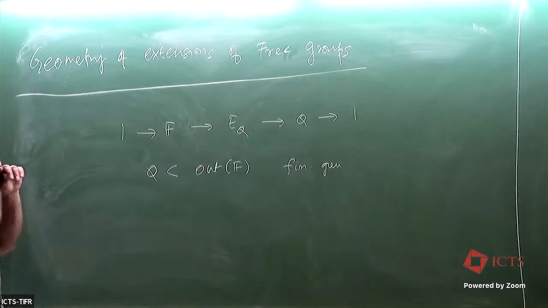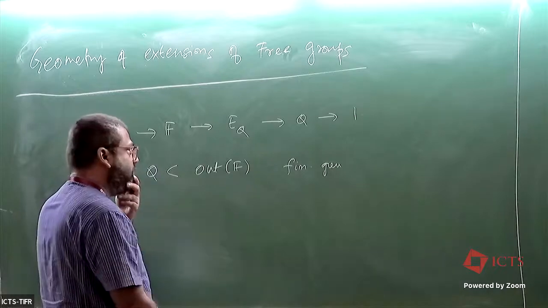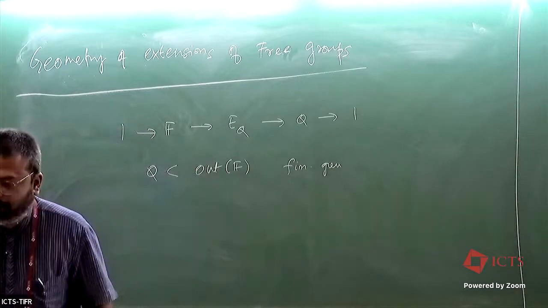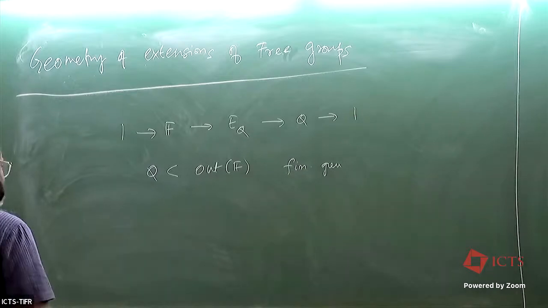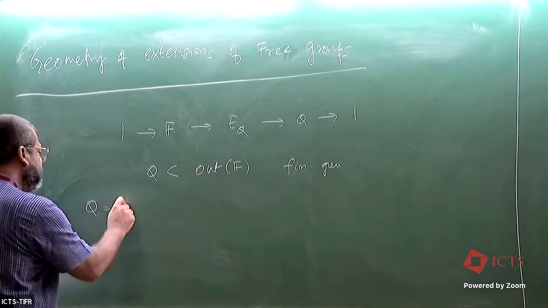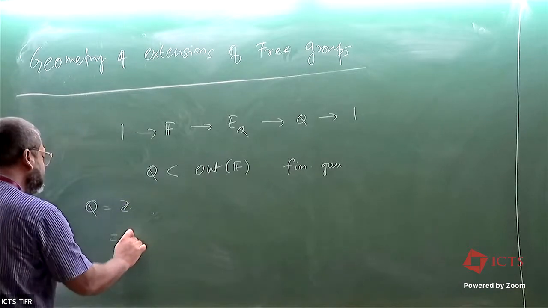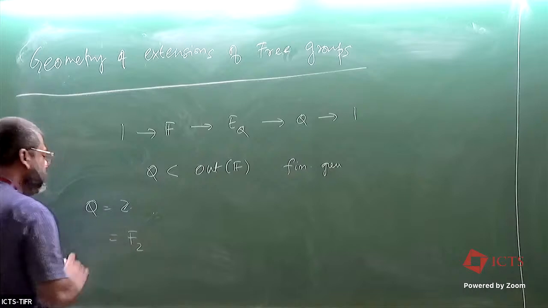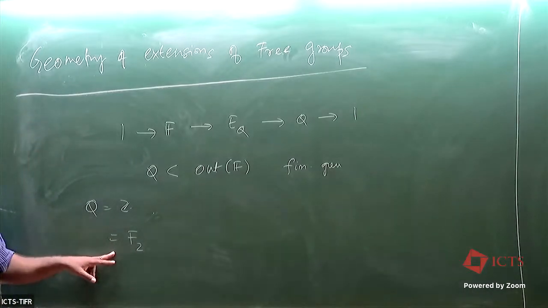And you want to ask the question, what conditions can we put on Q so that E_Q is hyperbolic or relatively hyperbolic. We focus on two cases, in particular, when Q is cyclic and Q is F2.